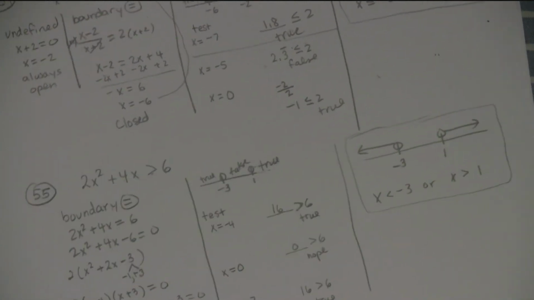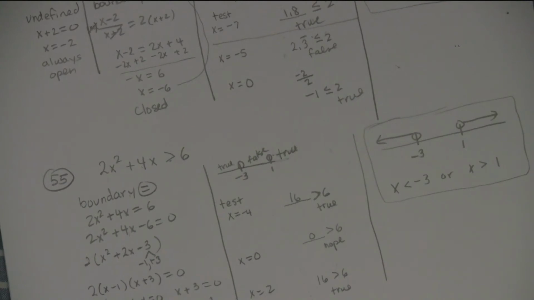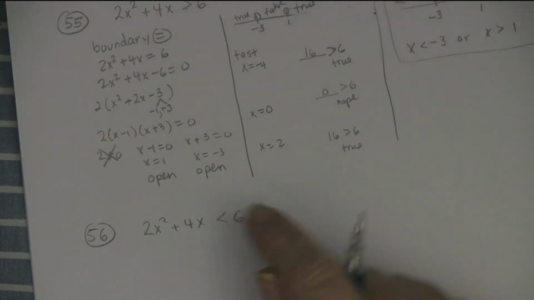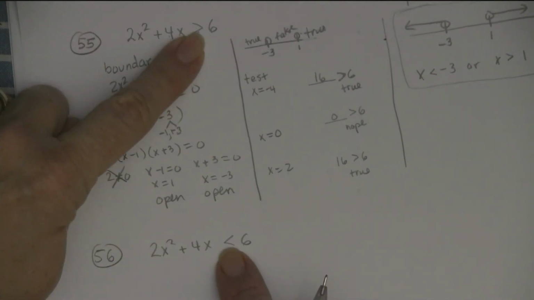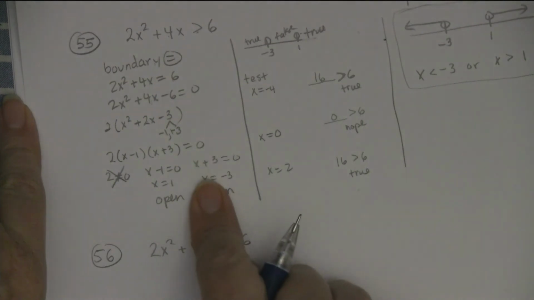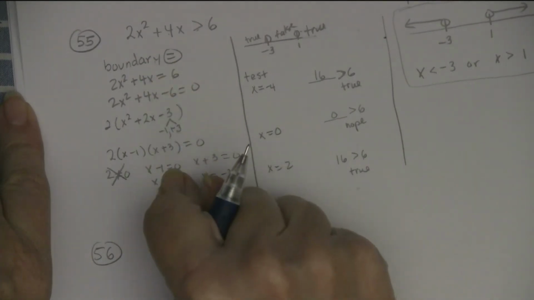And I feel kind of happy because 56 is kind of similar to the one I just did. The difference is the symbol. So I'm not going to get anything different when I do the boundary because the boundary had nothing to do with the symbol, right?